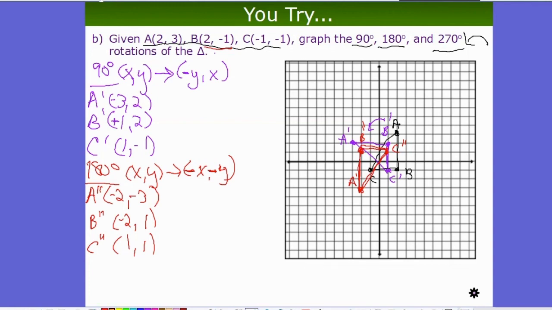And let's do the final one, 270. So that mapping is (x, y). You're going to switch the order, but this time it's the second coordinate that will become opposite. So I'll make this with 3 little primes. A prime, so (2, 3), you're going to switch the order. But now it's the second coordinate that becomes opposite.